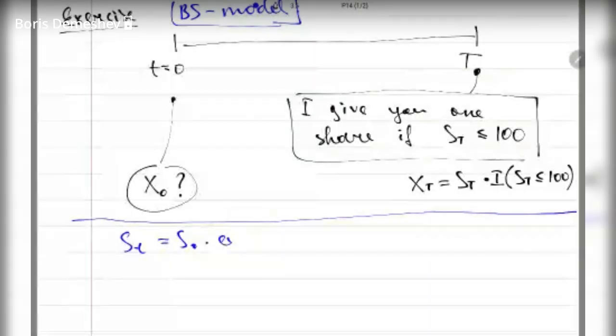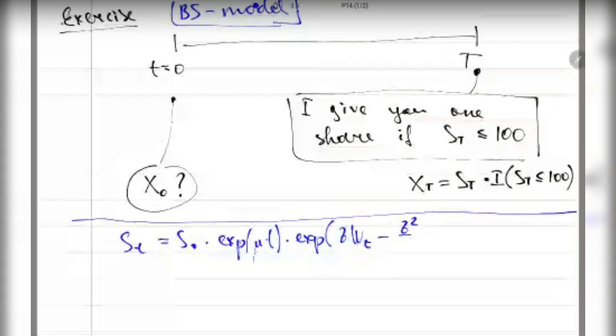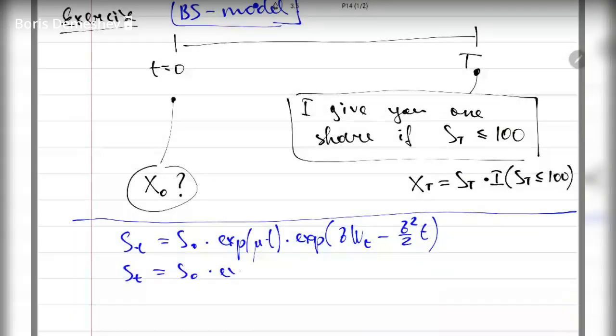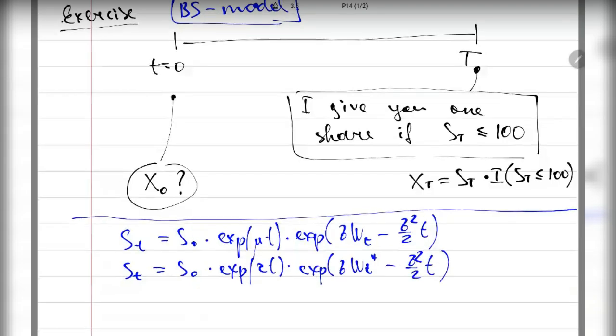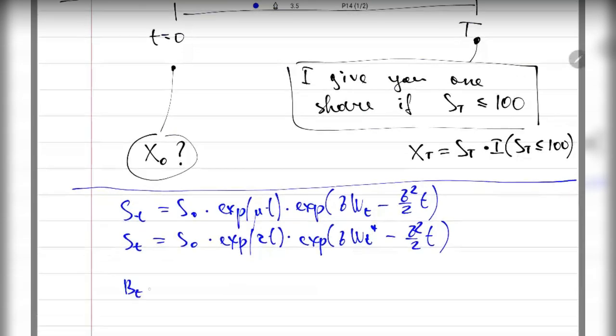exponent mu t times exponent sigma Wt minus sigma squared over 2 times t. Alternatively, we have ST expressed like exponent rt multiplied by exponent Wt star minus sigma squared over 2 times t. We also have the bond price, Bt, that is B0 times exponent rt.